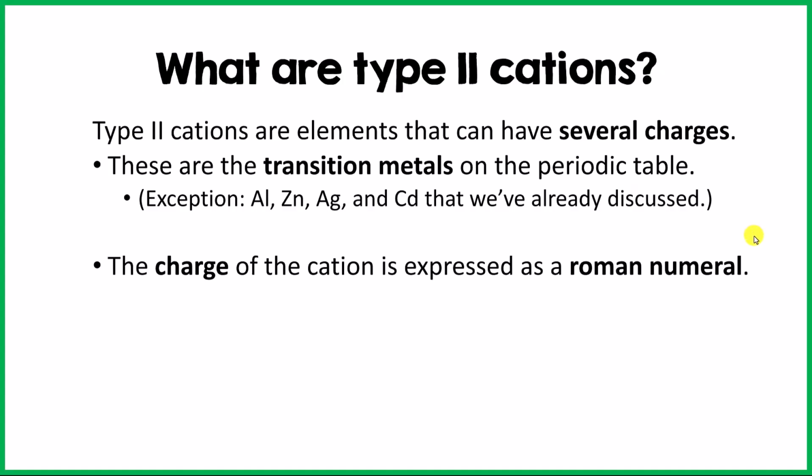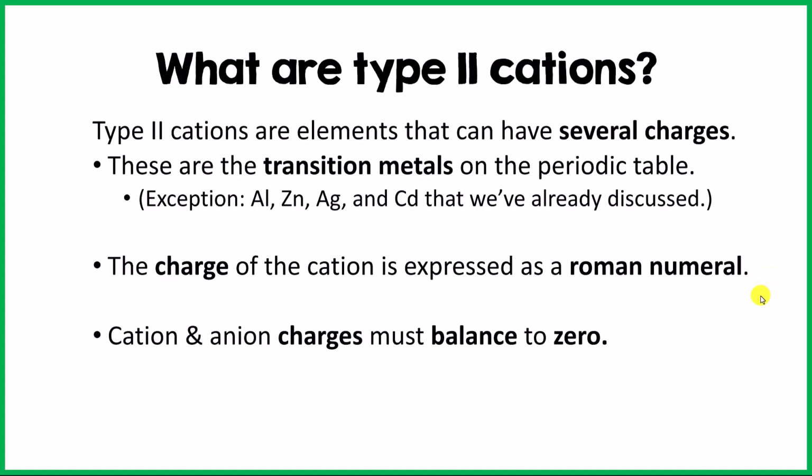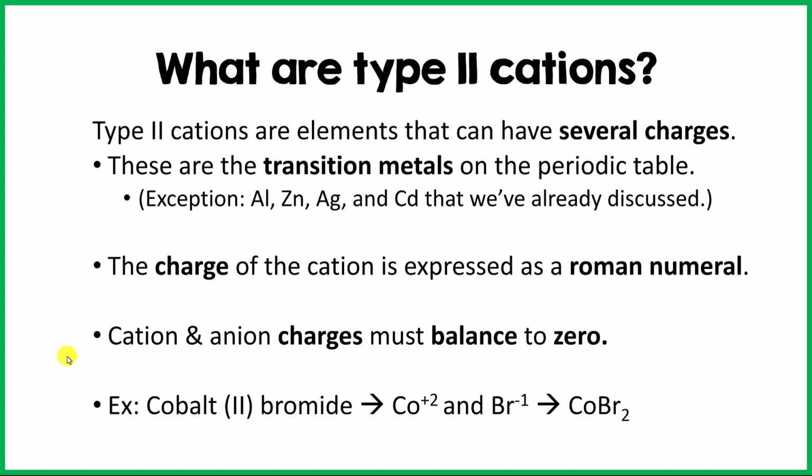The charge of the cation is expressed as a Roman numeral for type 2 cations. So we use Roman numerals here to represent our charges. Still, just as we talked about before, cation and anion charges must balance to 0. So here's an example.